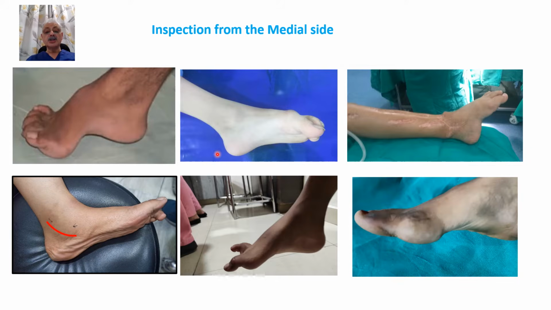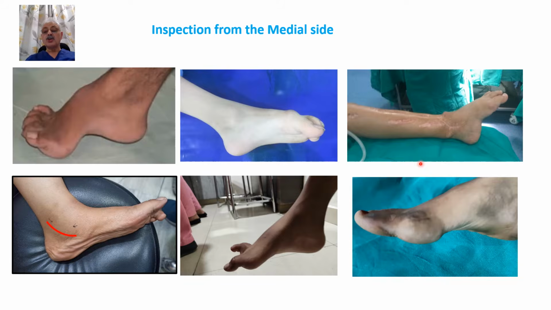And then you can see the deformities of the hallux in the sagittal plane, and here you see that there is a flexion deformity at the MTP level, and in this case there is a flexion deformity at the IP level of the hallux.